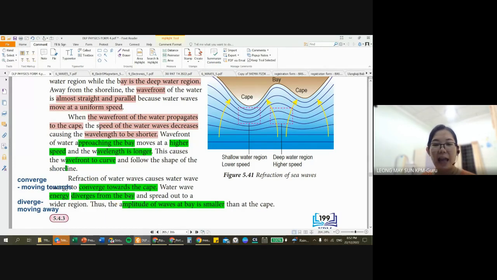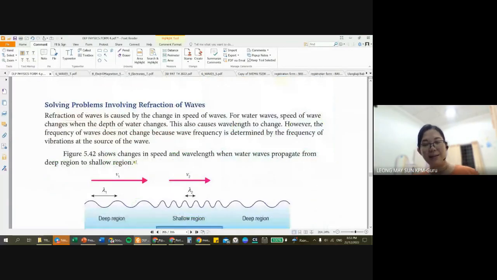Amplitude of the wave at the bay is smaller. Here it is already written that water wave energy diverges from the bay, and the amplitude of the waves at the bay is much smaller. So that is how you explain that. That's the actual answer. It's already in front of you guys.